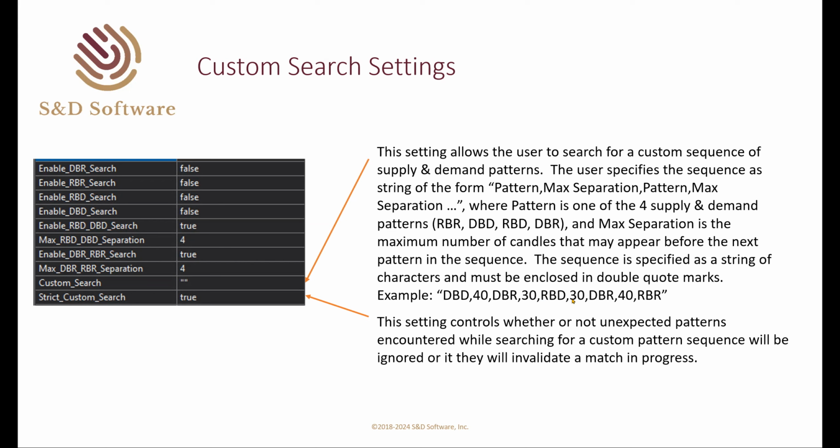After the rally-based drop, we're going to look for a drop-based rally, and we don't want to have more than 30 candles between them. The drop-based rally, after that, we're looking for a rally-based rally, and we want to see that within 40 candles. And since the rally-based rally is the end of the sequence, we don't have to specify a max separation value after that.